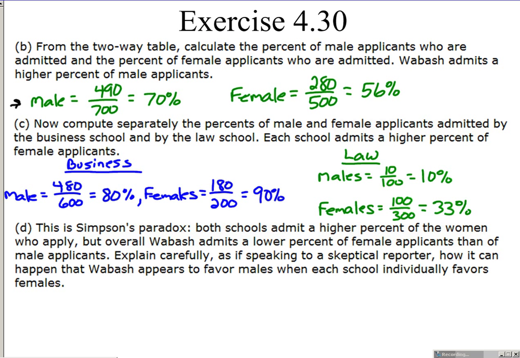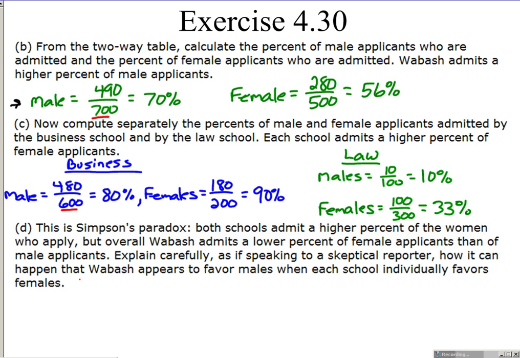Explain carefully, as if speaking to a skeptical reporter, how it can happen that Wabash appears to favor males when actually it individually favors females within each of the individual schools. Well, the problem is, where are most of the males applying? Well, 600 of the 700 total males apply to the business school.